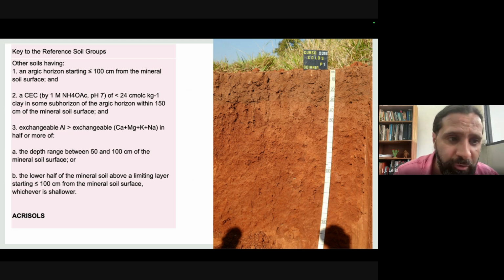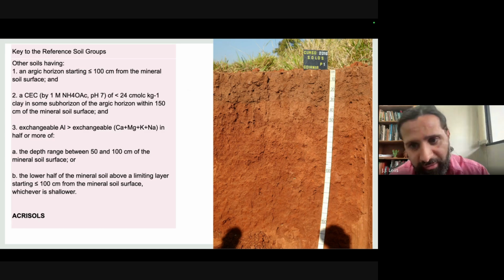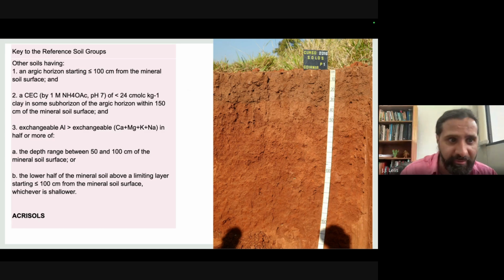we have also the acrisols. And the acrisols have an argic horizon without retic properties. And the argic horizon should be in the first 1 meter below the soil surface. And we must register a CEC lower than 24 centimole charge per kilogram of clay.